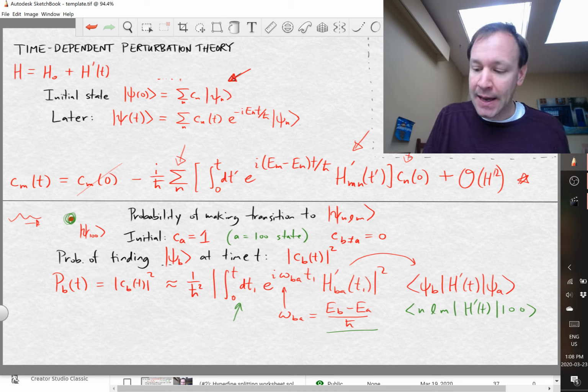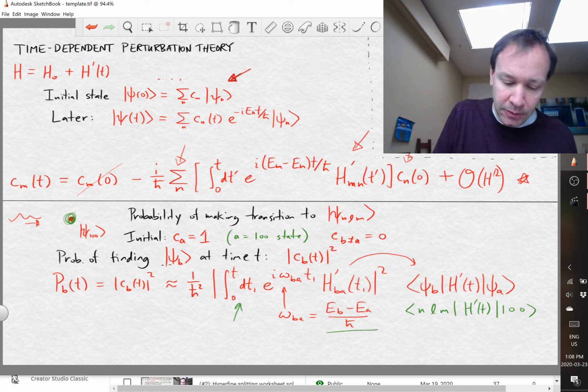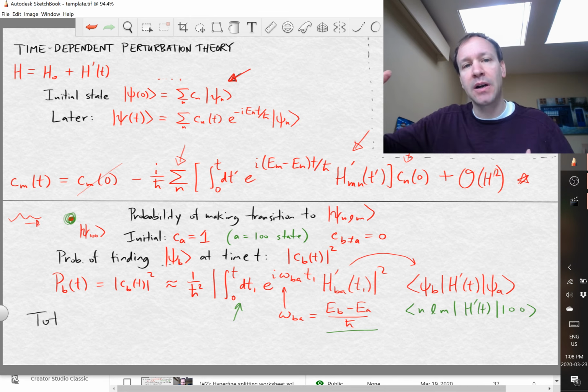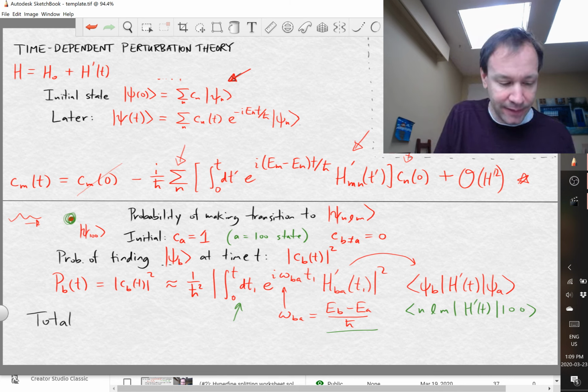Okay. And so that's a very practical formula, and we'll do some examples in the homework for how to use that. And now sometimes we want to know, what is the total probability that we'll have made a transition to some other state? So this is the final thing.